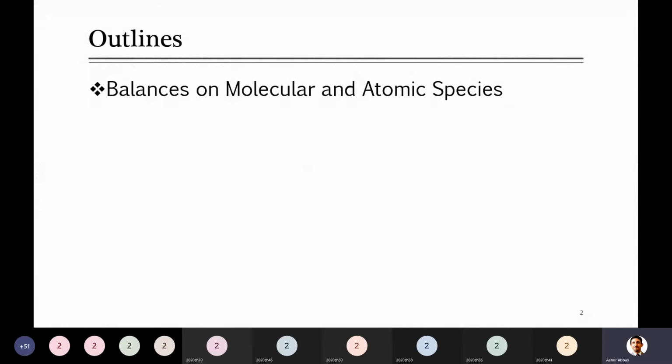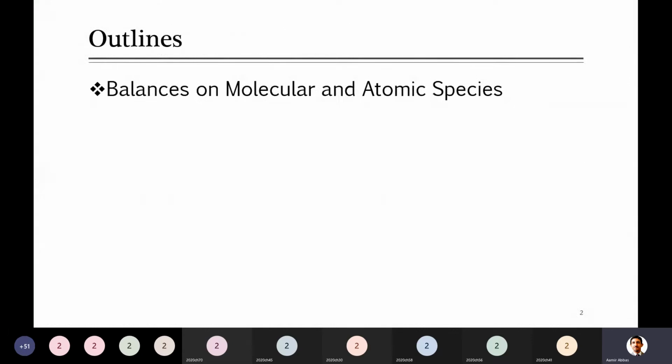That equation, the same one that you use for extent, can be written for all species, and we can solve that to find all those things which are unknown, for example flow rates of different components.